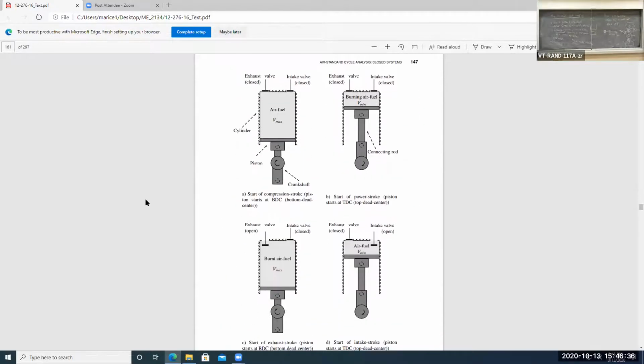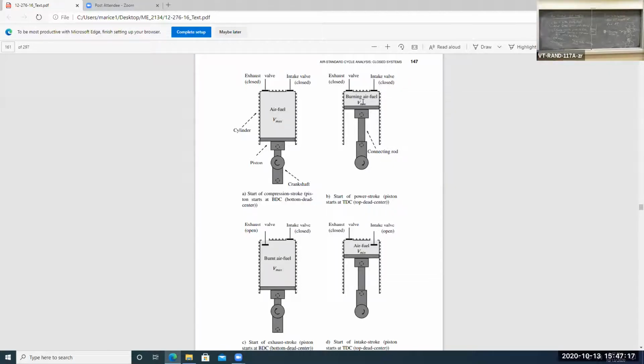So let's look at an actual internal combustion engine device and how it might work. Imagine that we have here a piston cylinder device. Here are the walls of the cylinder, and here's a piston which moves up and down inside of the cylinder. There's a connecting rod here connected to a crankshaft, and the crankshaft spins around. So we start off with air-fuel mixture at the maximum volume state, and then we proceed to compress the air-fuel mixture to a minimum volume.